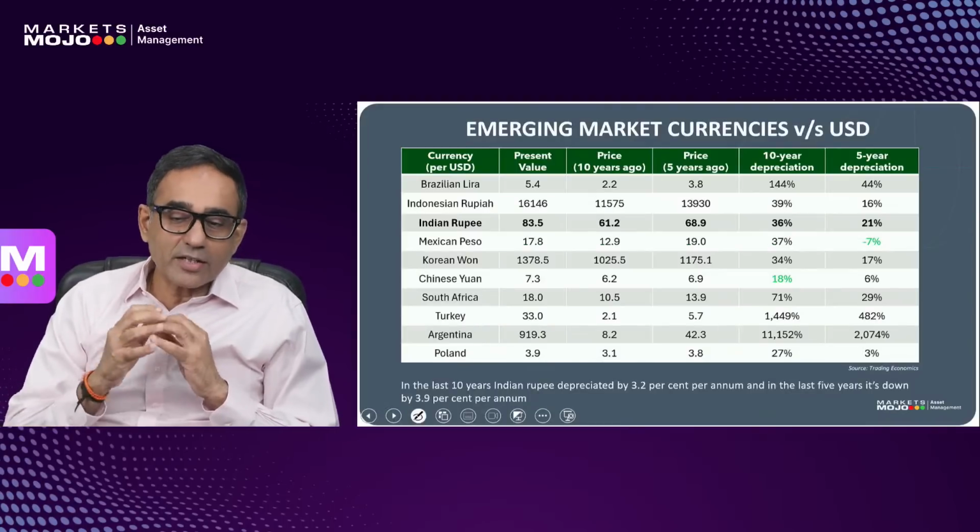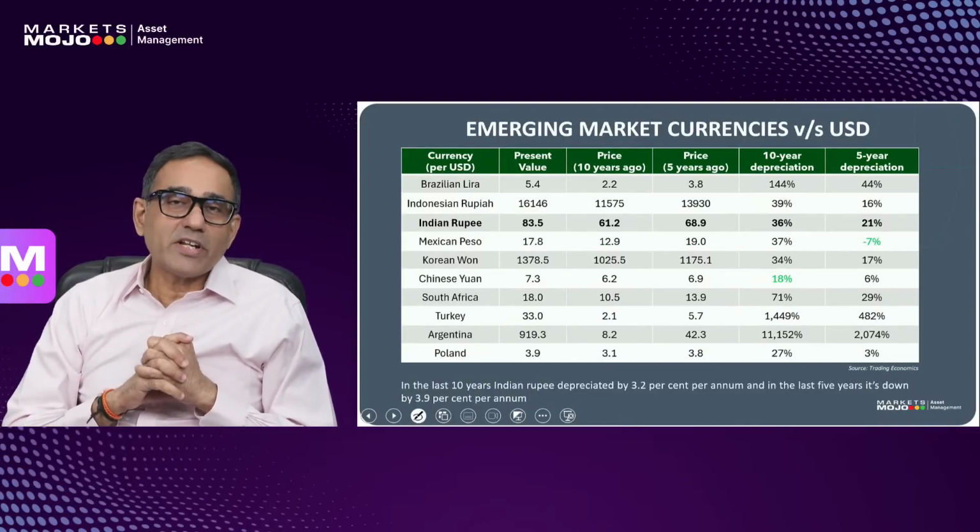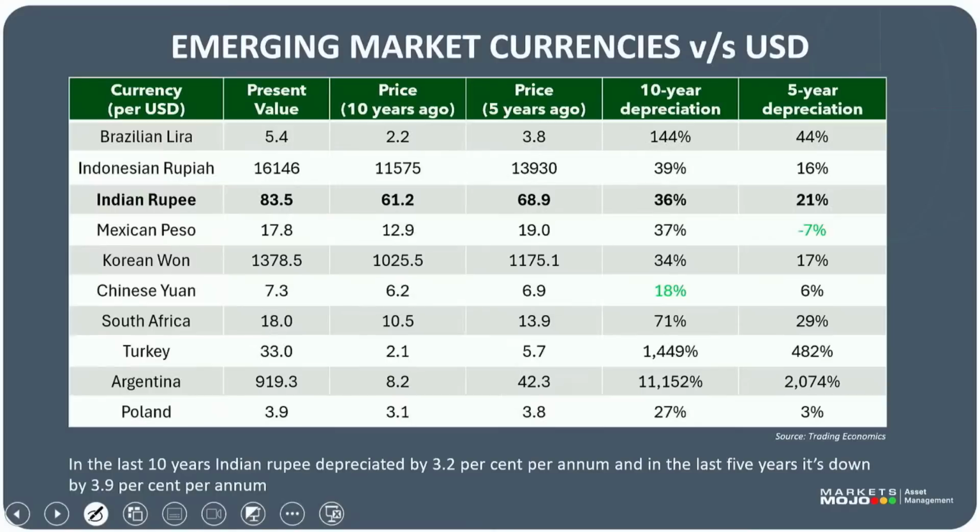I must tell you that data is very, very interesting. One of the best currencies, which has depreciated least in a 10-year period among emerging markets, is the Chinese yuan, 18% only. If I look at the 5 years, on the contrary, Mexican pesos appreciated against the dollar. So that means it has done the best in a 5-year period.